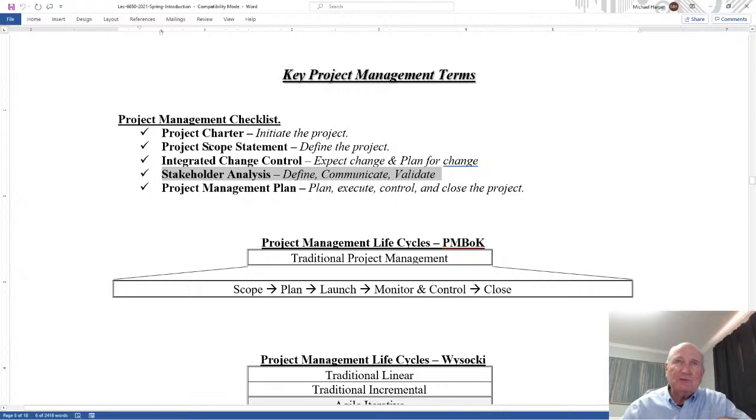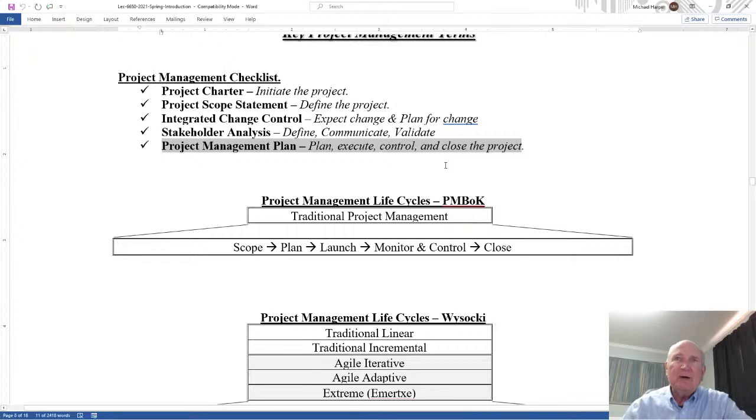And finally, the scope statement defines the project. The project management plan has the details of managing it: planning, execute, control, and closing the project. The project management plan will have all of the details. So PM BANA has a traditional project management of scope, plan, launch, monitor, control, close.